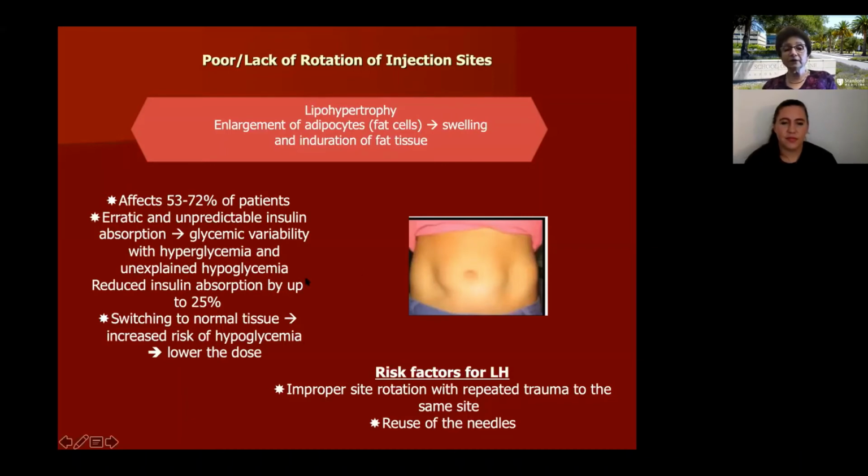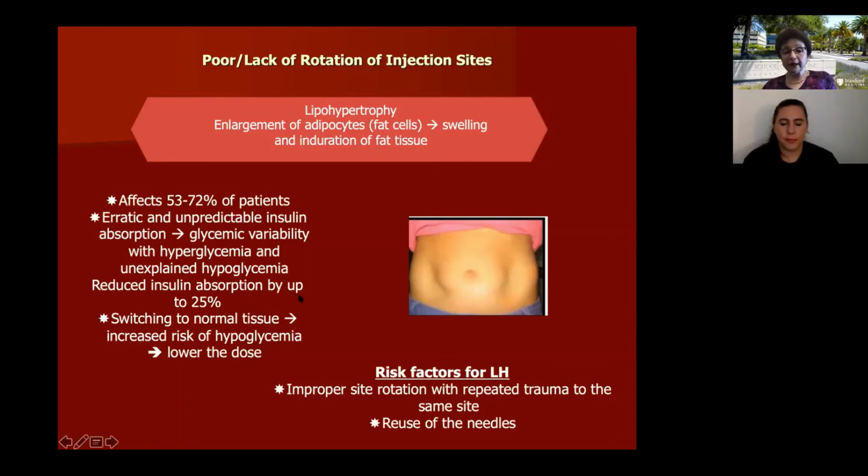And it has been shown that 53 up to 70% of patients actually develop those hypertrophy sites. So site rotation is extremely important. That's just the most important thing when you either start this pump therapy or use it for a long period of time, because this is your number one factor affecting your insulin absorption and how fast it's absorbed, and some unpredicted lows we actually see from that unpredictable absorption from those sites.